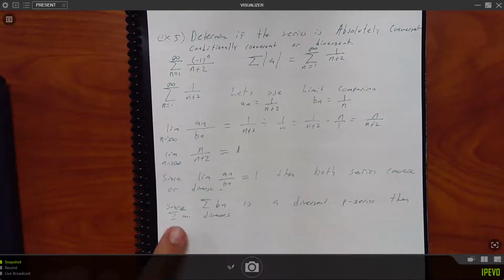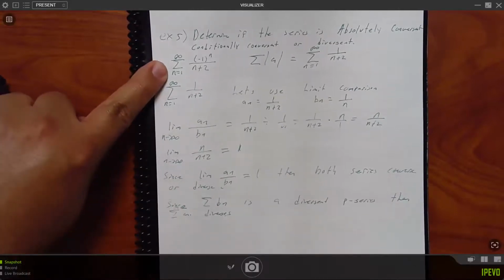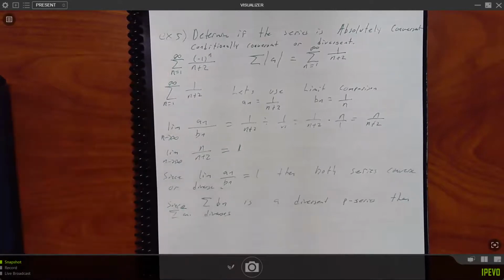That doesn't tell us anything about this guy, the original, right? It just tells us that it is not absolutely convergent. That does not mean that it diverges. You see what I'm saying? So we have to check, okay, maybe it conditionally converges. If it's neither absolute nor conditional, then you can say it diverges.